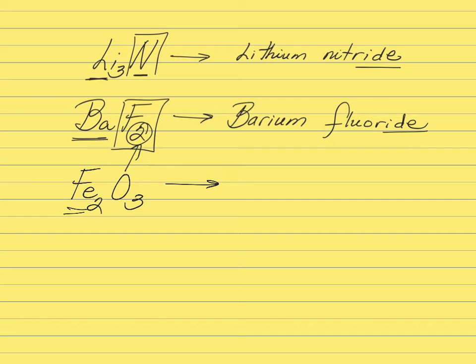If the answer is no, you ask yourself, do I have to worry about the oxidation number? Yes, and then you proceed. I name the metal. Is the name of the cation going to change? No. But since you have to worry about the oxidation number, you open a parenthesis.